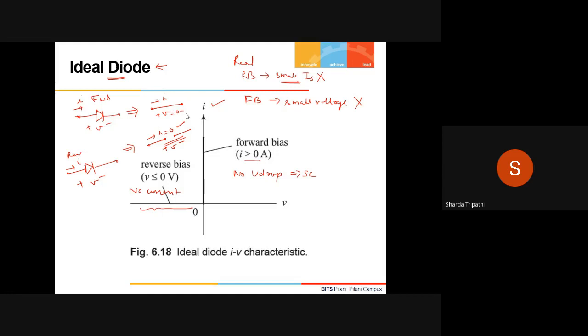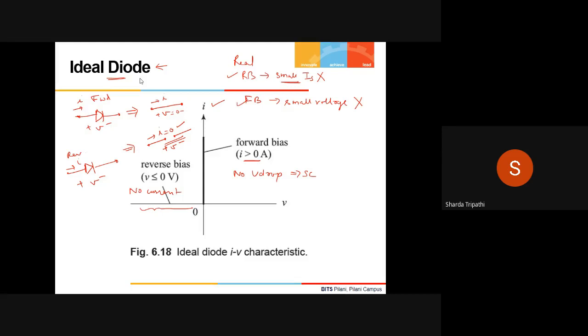So this will simplify the analysis of voltage and current in the circuit to a very large extent, and at the same time the answer which is obtained is almost accurate. If we took the actual diode, the answer that would come is almost the same answer that will come in the ideal case.